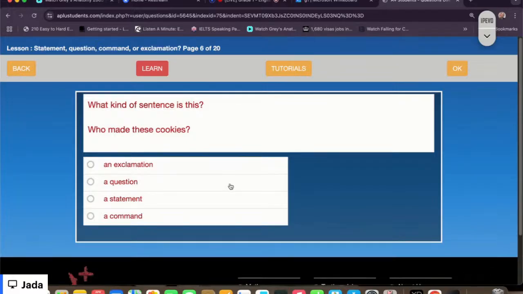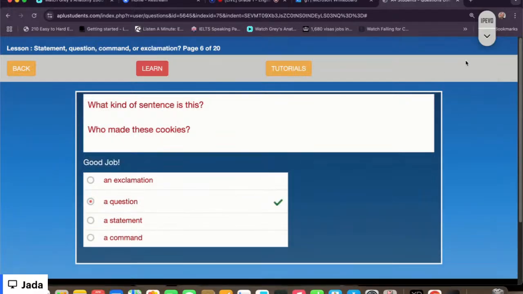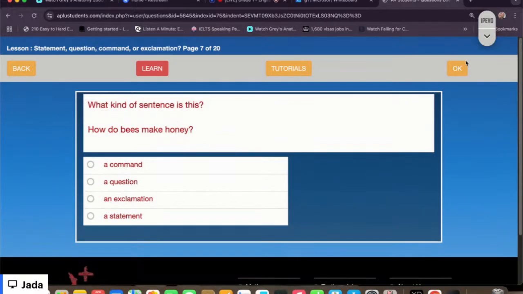Okay, so we have a question. How do bees make honey? What kind of sentence is this? Actually, it's a question. So, yeah.